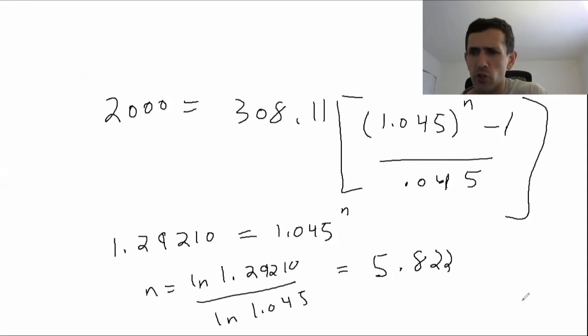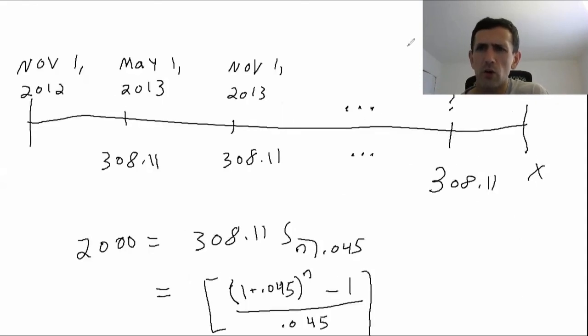So here's the situation here. This is no longer a question mark. This is going to be 5 payment periods. So there's going to be 5 payment periods, 1, 2, 3, 4, 5.